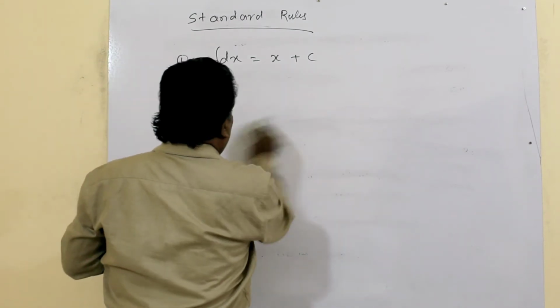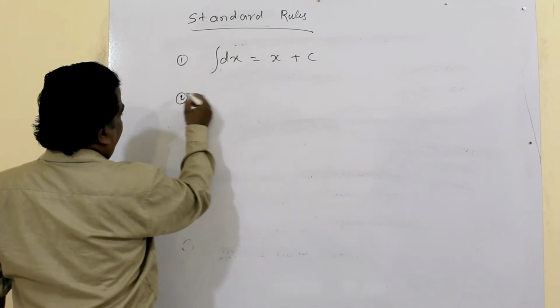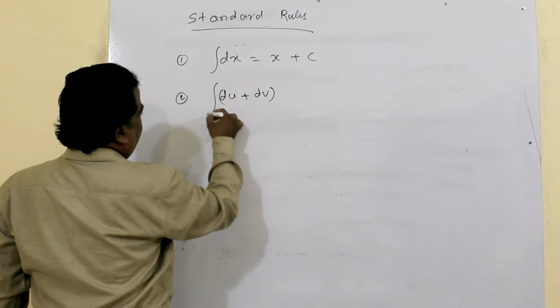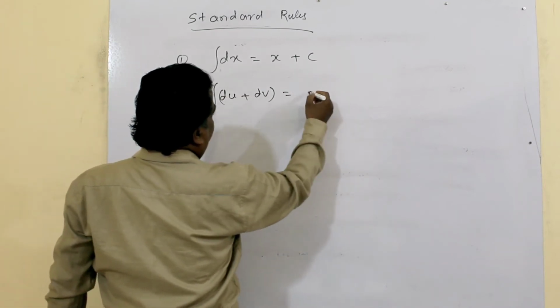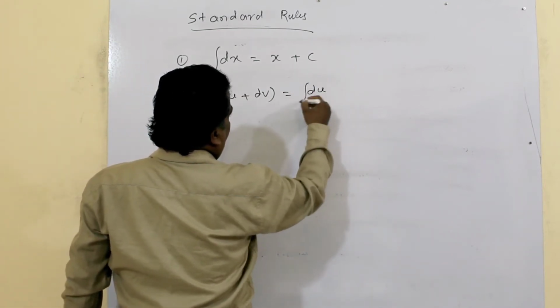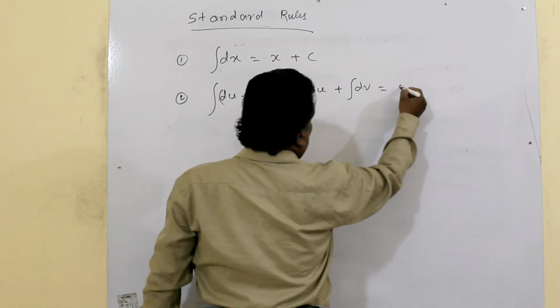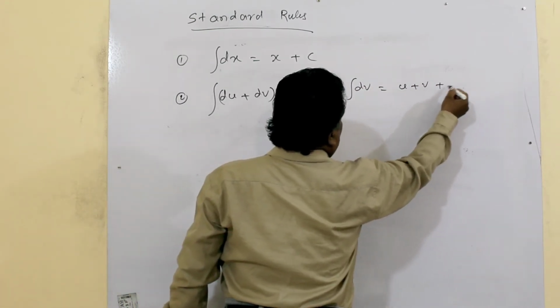Next, integral of du plus dv is equal to integral of du plus integral of dv, that is equal to u plus v plus c.